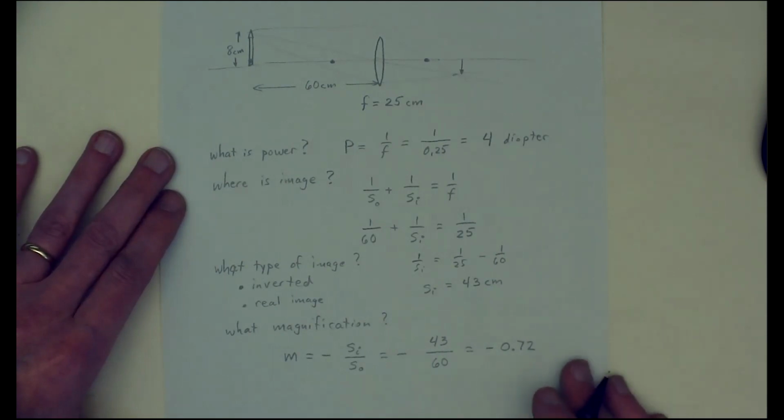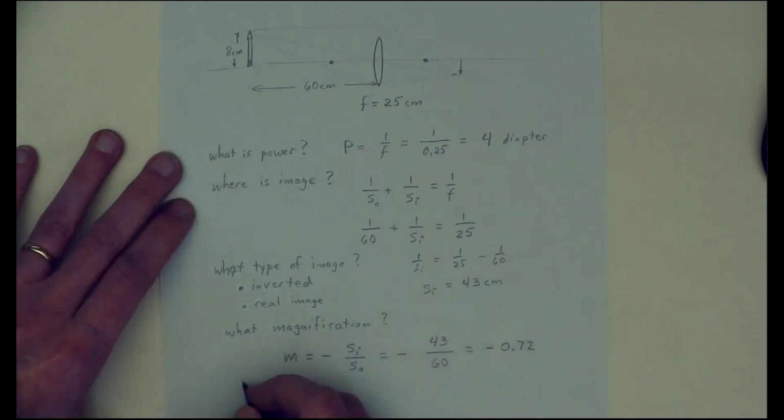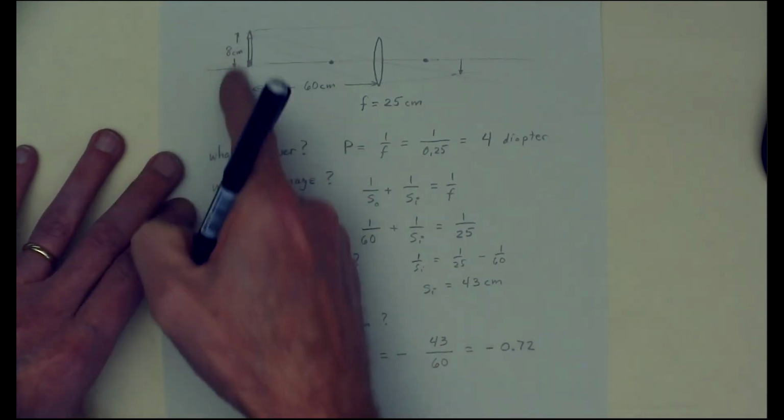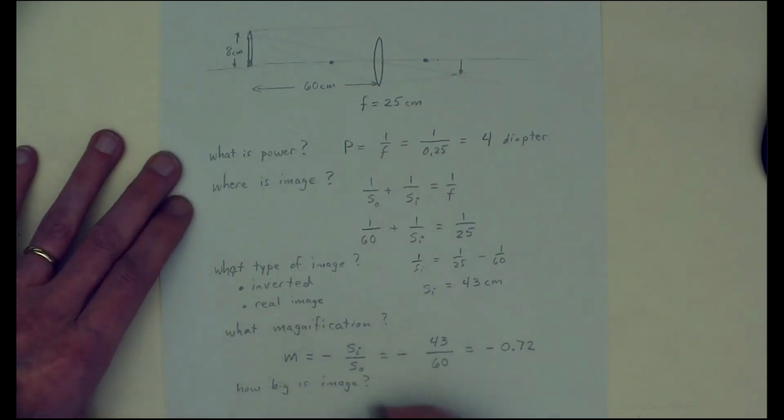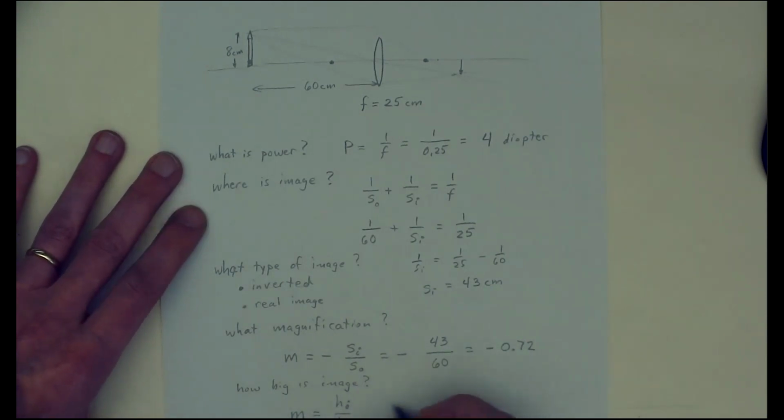That's the magnification. So how large is the image? It says the object here is 8 centimeters. So how big is the image? That just comes from our definition of magnification. Magnification is h of the image divided by h of the object. And we're trying to figure out how big is the image.